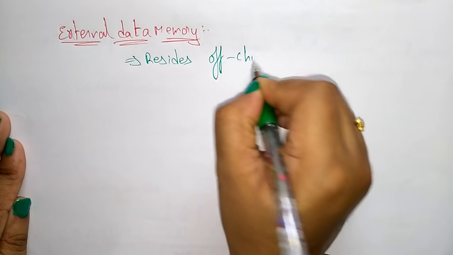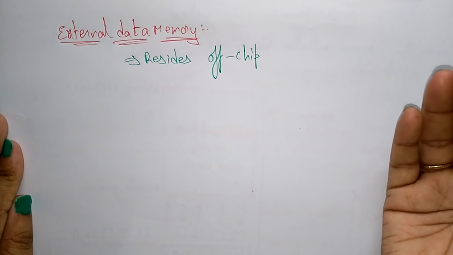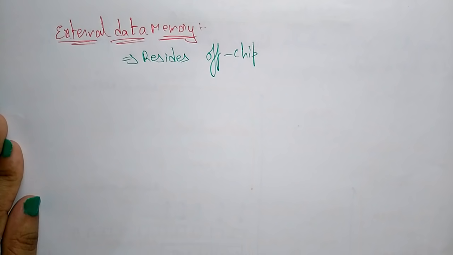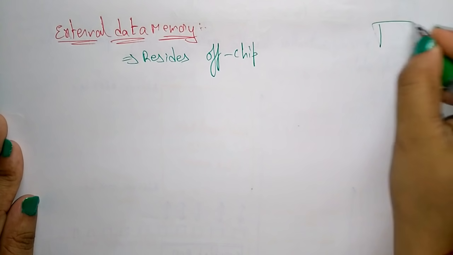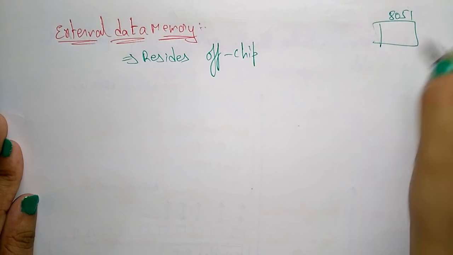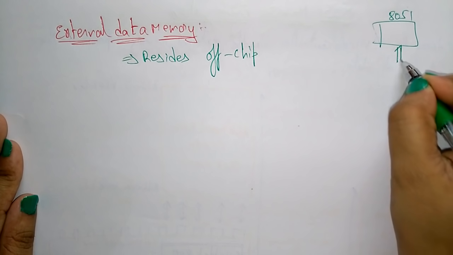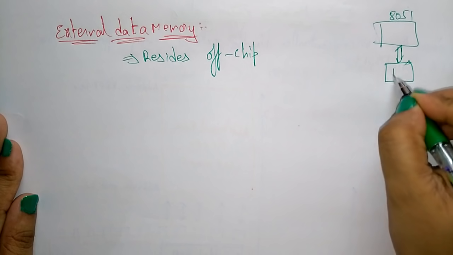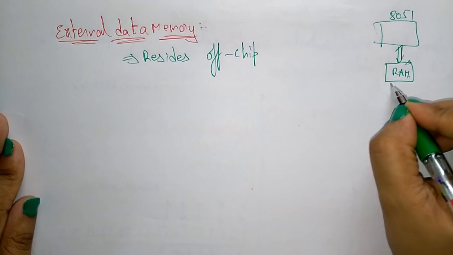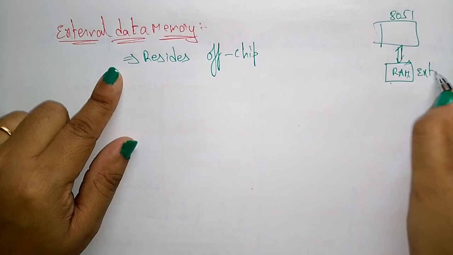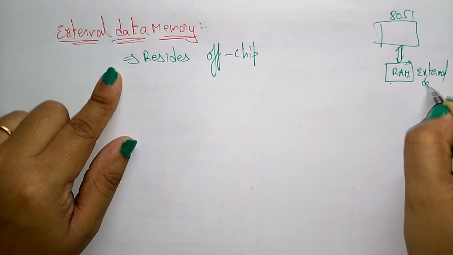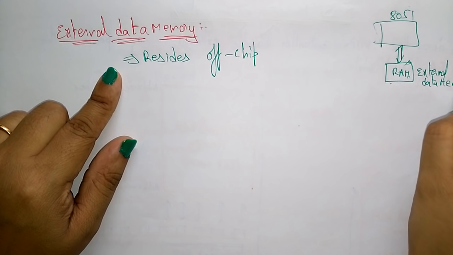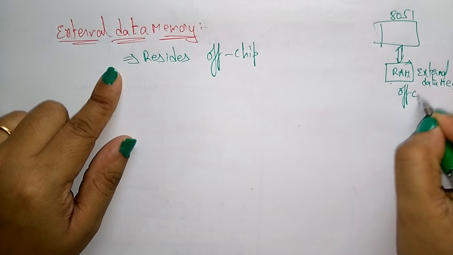On chip means inside the 8051 microcontroller and off chip means externally connected. Okay, so this is 8051. Externally you are connecting one chip, which stores the external data memory. You call this as off chip.